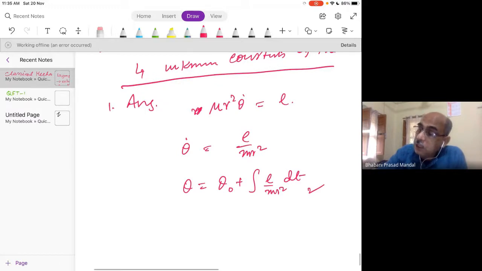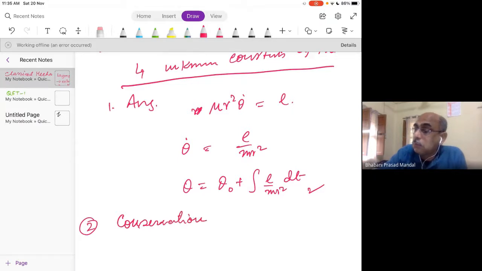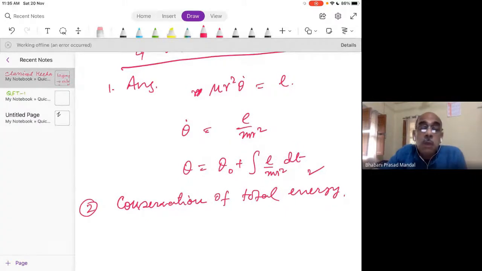Now the second thing comes from the conservation of total energy. This is a conservative system, so total energy will be conserved. How we write the total energy, now I'll show you.